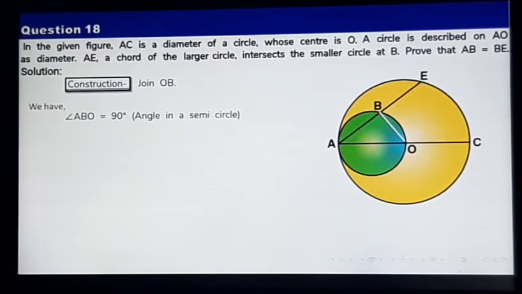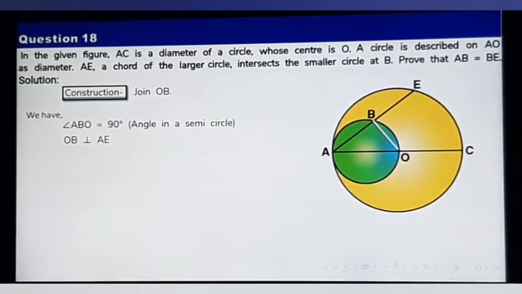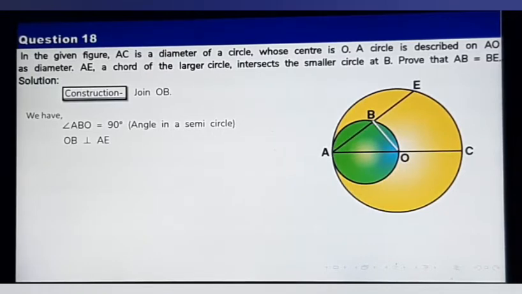Yes. So we can say that OB is perpendicular to AE. From your class 9 circles chapter, you came across a very important theorem which said that whenever you draw a perpendicular line from the center to a chord, then the chord gets bisected. Similarly, here also we have a chord and we are drawing a perpendicular line from the center.